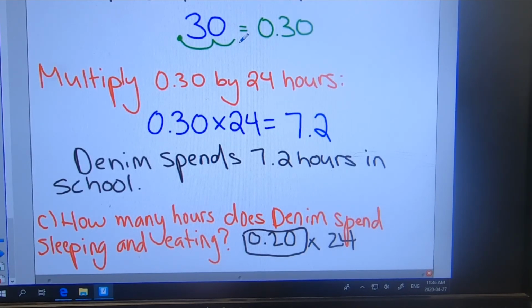If you take 0.20 and you multiply it by 24, you're going to end up with 4.8. Or simply rounding it up to 5. But he spends about 4.8 hours of his day eating or sleeping. I hope most of you spend more time sleeping than 4.8 hours, but I don't know, maybe you play a lot of video games, who knows. Either way, that's how we do these types of questions.